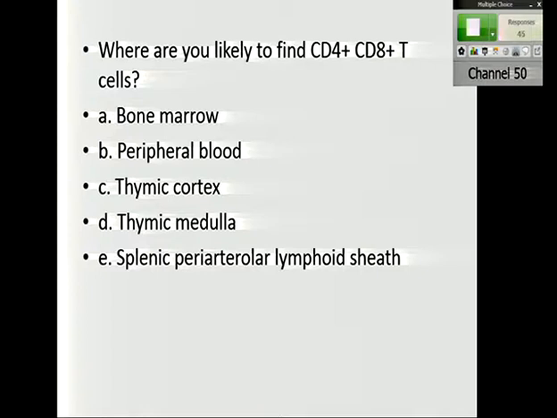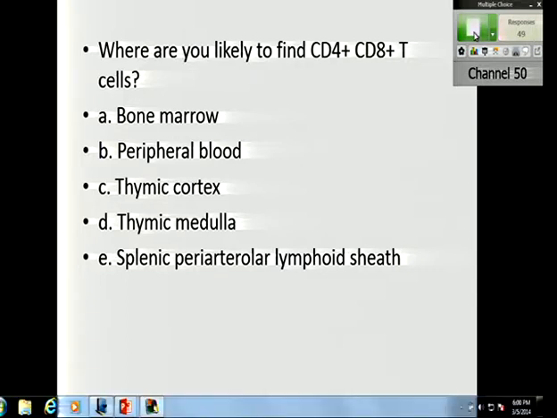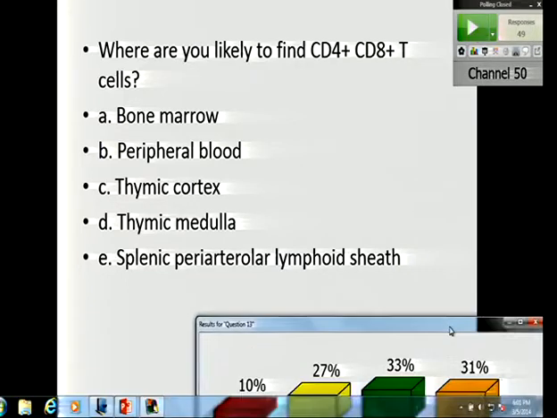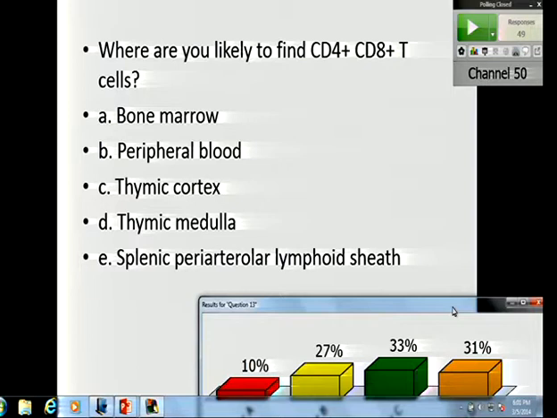Okay, this is an easy one. Where are you likely to find this? In the cortex. Thymus. Where would you see this double positive? Where does the selection take place?